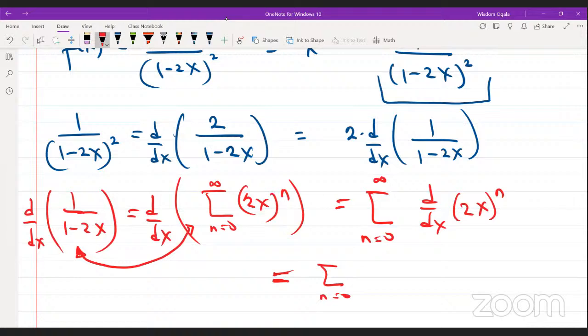So if you differentiate this, you will expect to get, when you differentiate this, it will start from 1. This is going to be 2n x to the n minus 1. Just do a derivative.